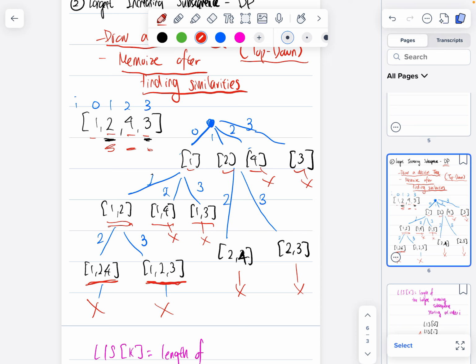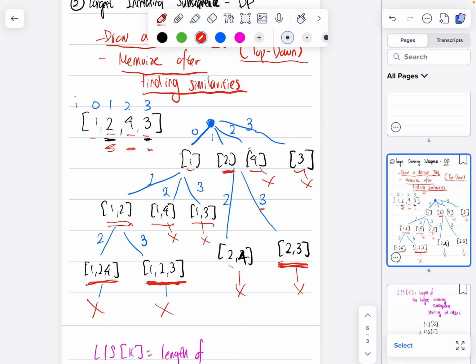Try to pause it and think about it. That's the idea. And here, I think I did that. If you originally start with the first index here, you would have 2, and then you would add 4 from the second index, and then for 2 you would add the third index, so it would be 2, 3.